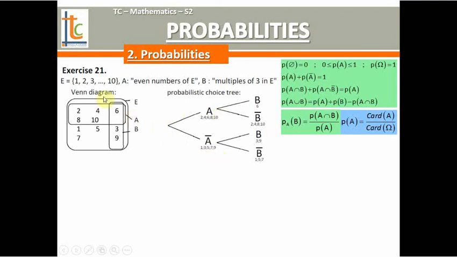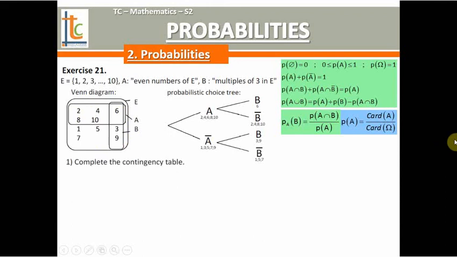So you are dividing your global set into A and the outside of A. And then you are dividing A by the numbers that belong to B and those that don't belong to B. And same for the outside of A. You've got numbers that belong to B and numbers that don't belong to B. So you've got your 4 subsets that have been created in the Venn diagram here, here, here, and here.